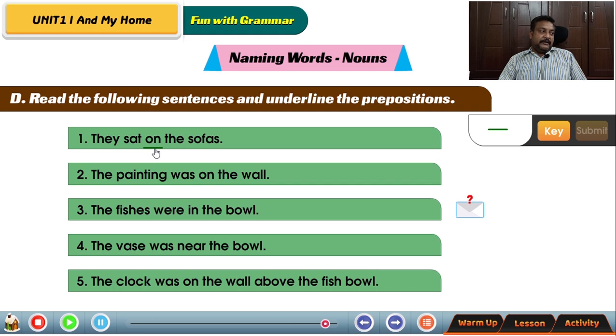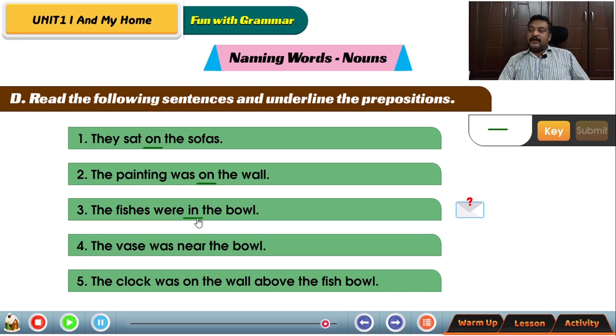The second one, the painting was on the wall. So where was the painting? The painting was on the wall. So what is the preposition in that? On. The fishes were in the bowl. So what is the word that shows the position of a fish? It is in the bowl, right? Yeah, the vase was near the bowl.